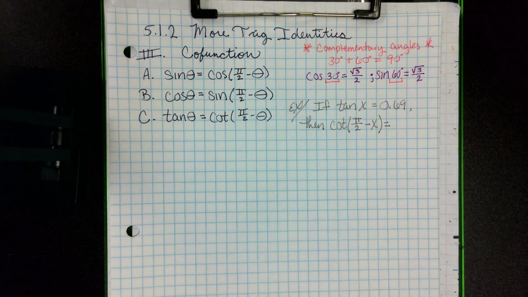Tangent x equals 0.69. Then cotangent of pi over 2 minus x equals what?